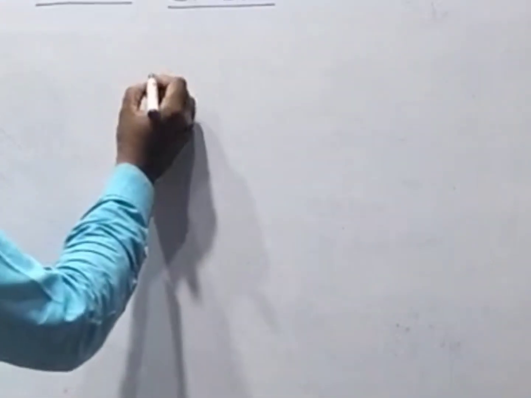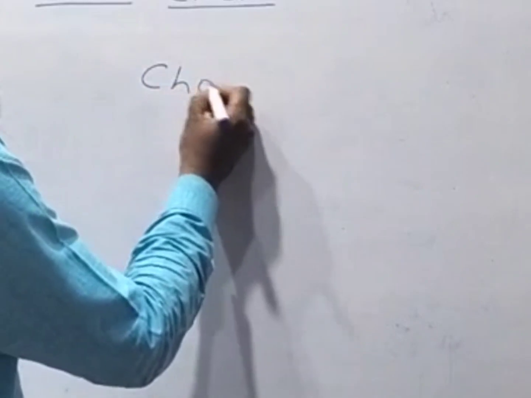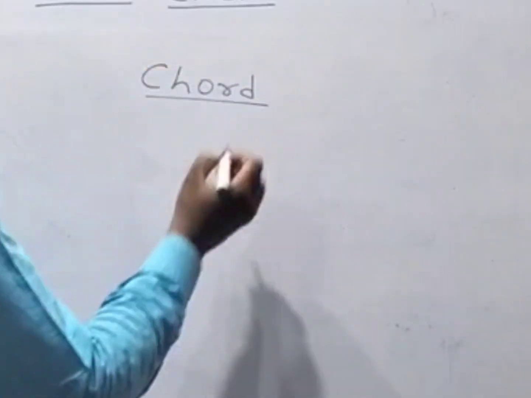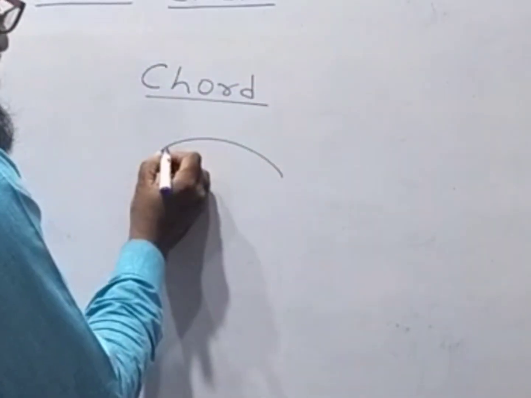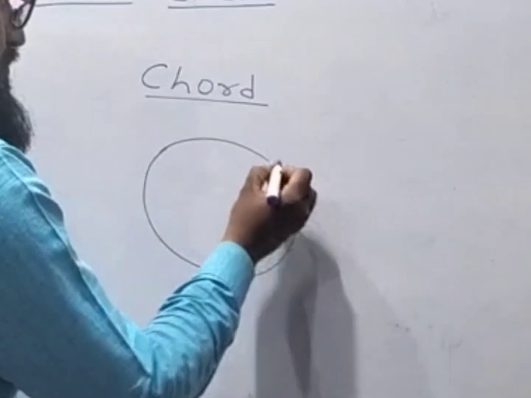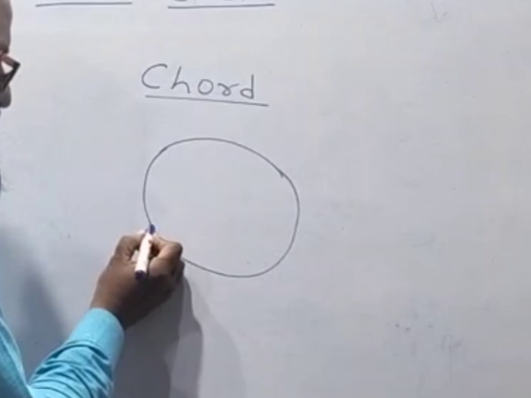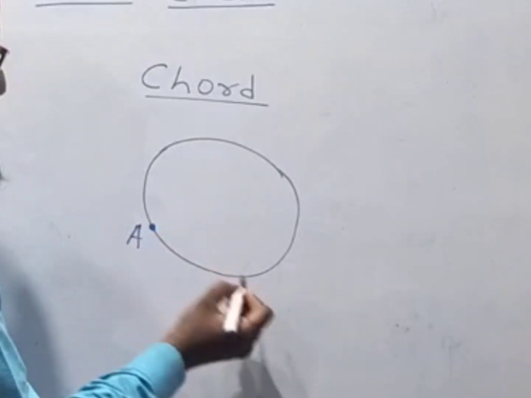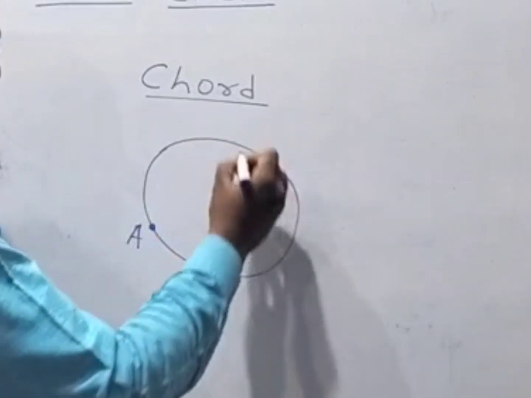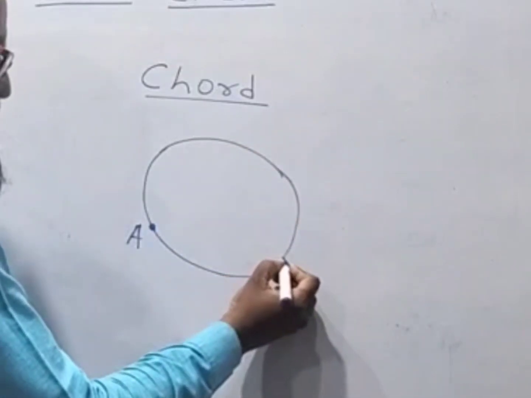अब हम लोग कॉर्ड समझेंगे. What is chord? Okay, suppose this is a circle. Take any 2 points on the circle. मान लीजिए ये पॉइंट A है, एक और पॉइंट कहीं ले लीजिए, लेकिन सर्कल पर होना चाहिए.